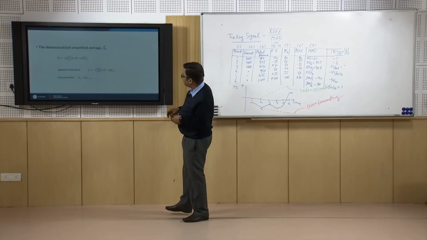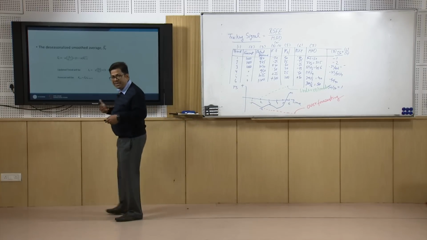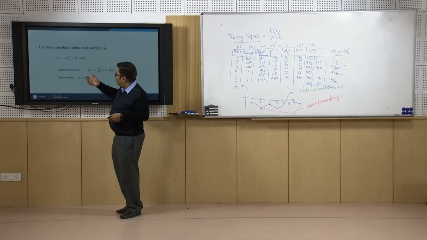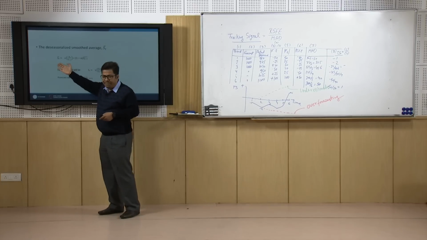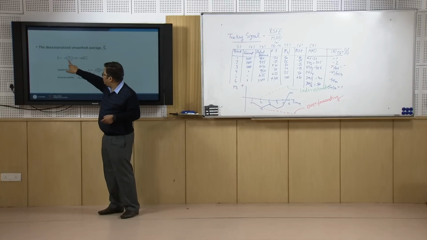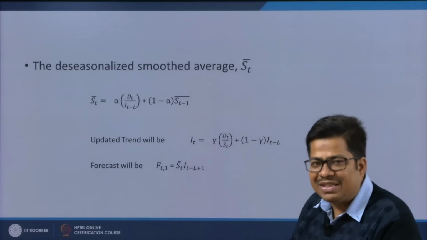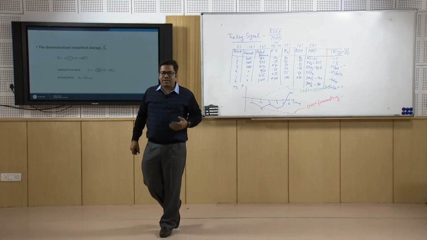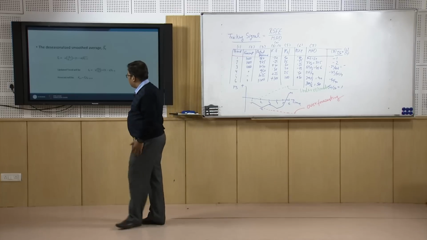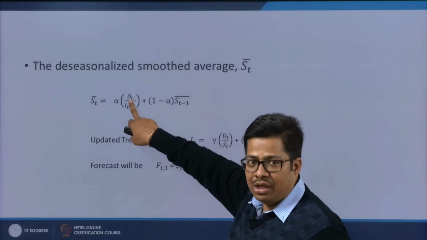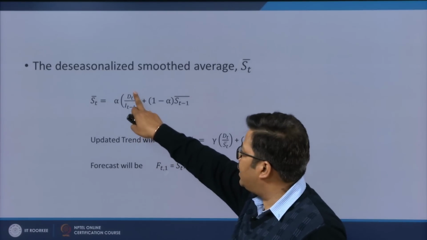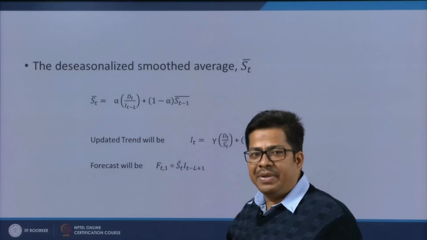Now, for getting the updated base value of July 2017, I will use this formula. Since this is the base value, here d t upon I T minus L represents the deseasonalized demand of July 2017. Whatever d t is the actual demand, when I divide it by the seasonal index factor, I get the deseasonalized demand, or you can say the base value.